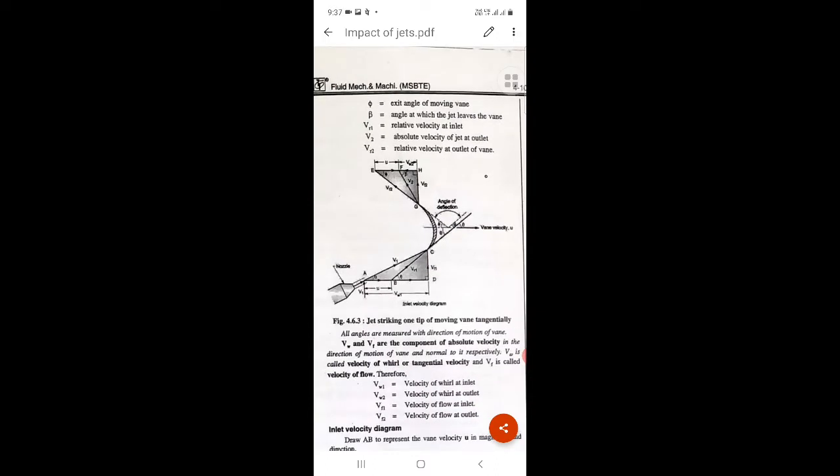Inlet and outlet triangle of impact of jet on a curved plate.